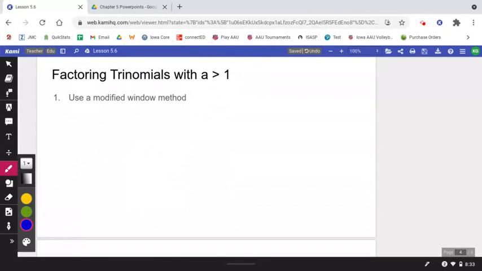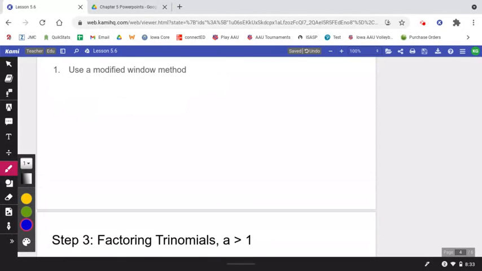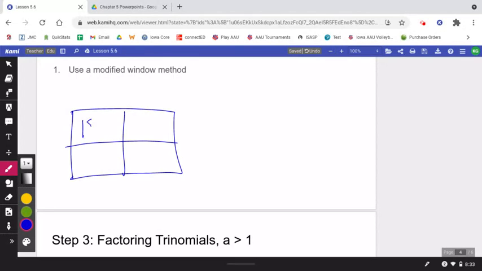When you have a leading coefficient which is greater than 1, we're going to use a modified window method. So in our modified window method, we're going to put the first term and the last term.